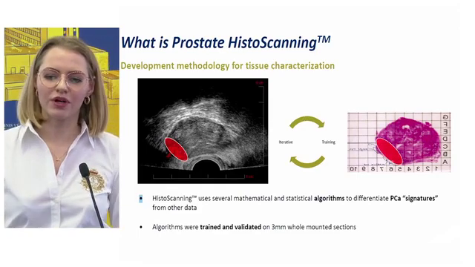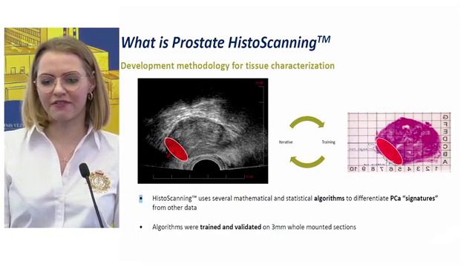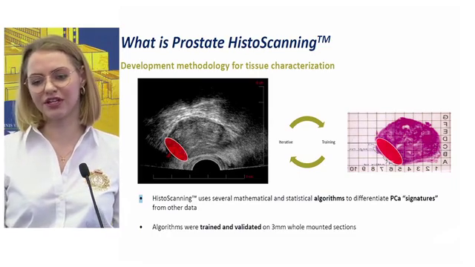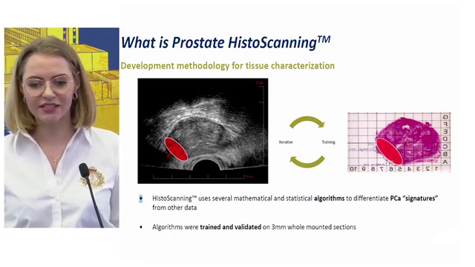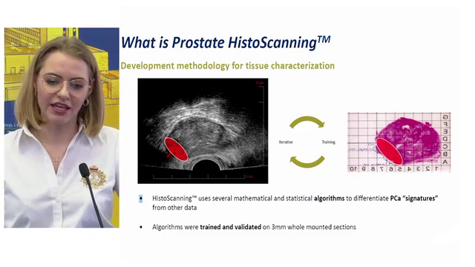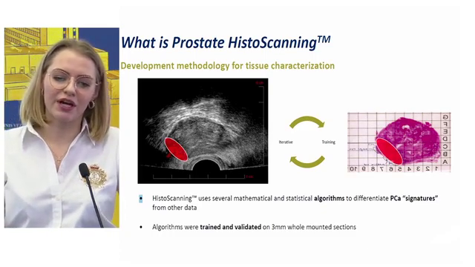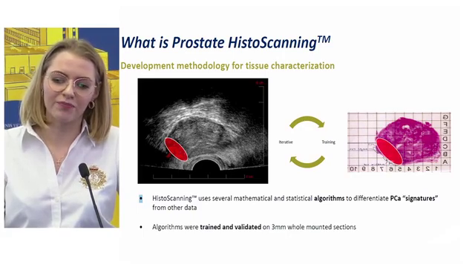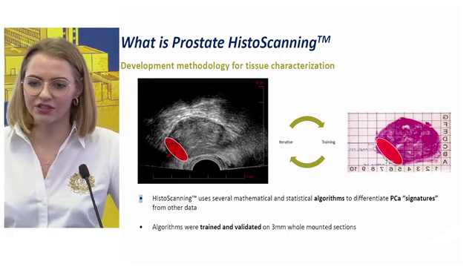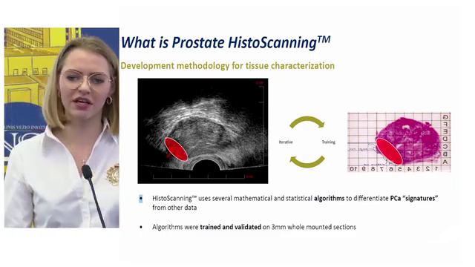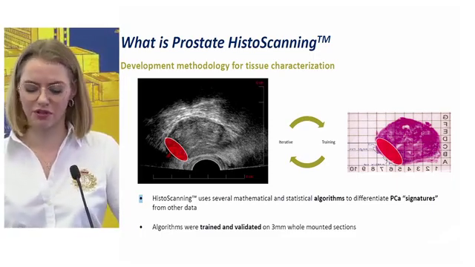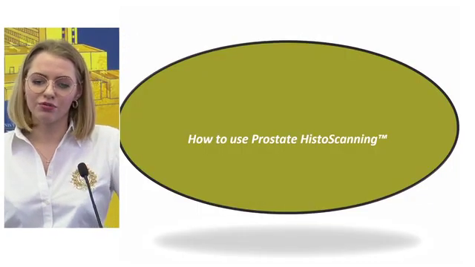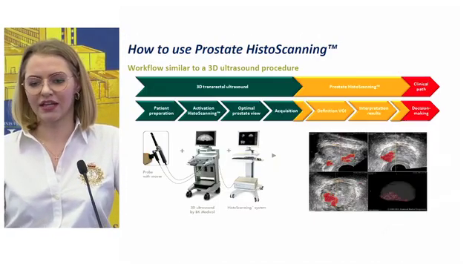So how does it work? It uses several mathematical and statistical algorithms to differentiate the prostate cancer signatures from other data. Algorithms were trained and validated on a 3 millimeter whole-mount section, so it cuts the prostate into images of 3 millimeters. How do we use the prostate histoscanning?